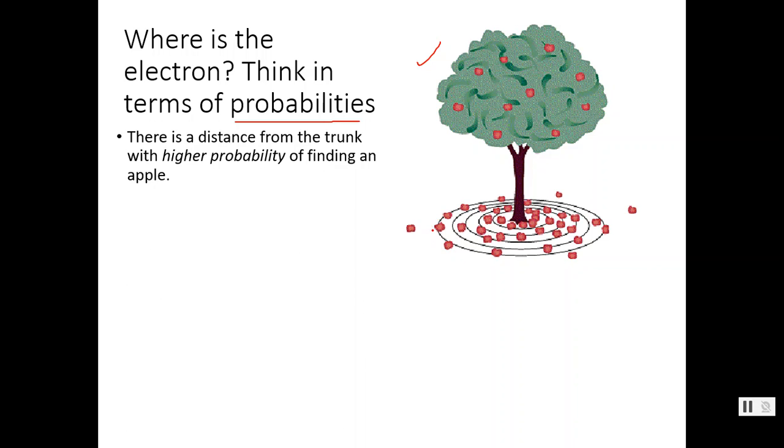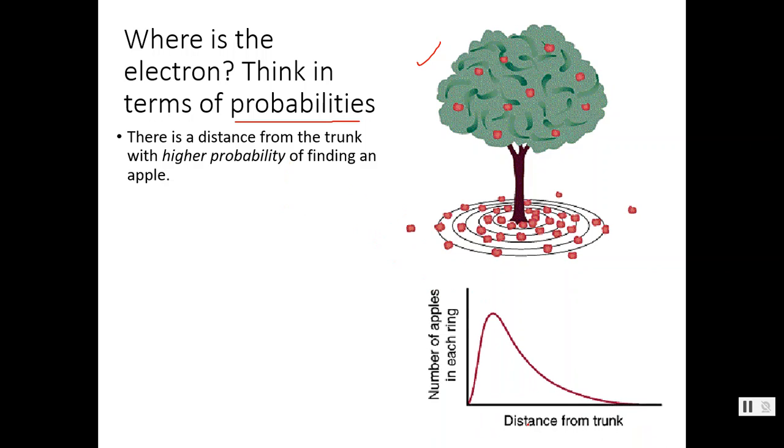Another way to say that is that there is a distance from the trunk with a higher probability of finding an apple than not finding an apple. If I was to plot what I just said, you could see there's a particular distance where it's more likely you will find an apple. So think about this likelihood, this probability of finding an apple from the trunk, now in terms of an atom and in terms of 3 dimensions.